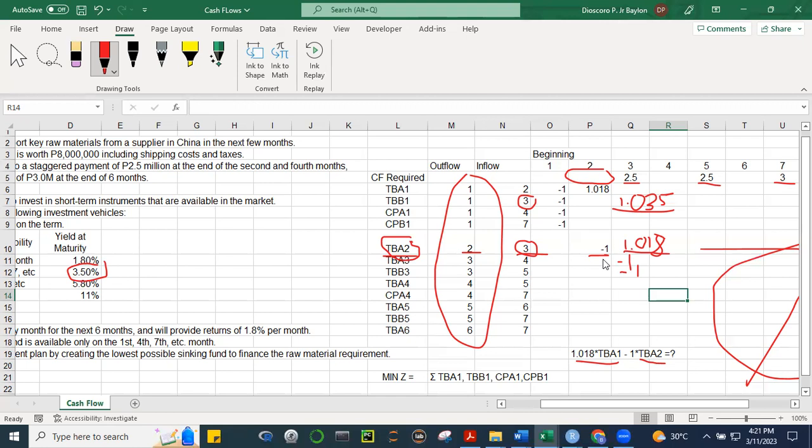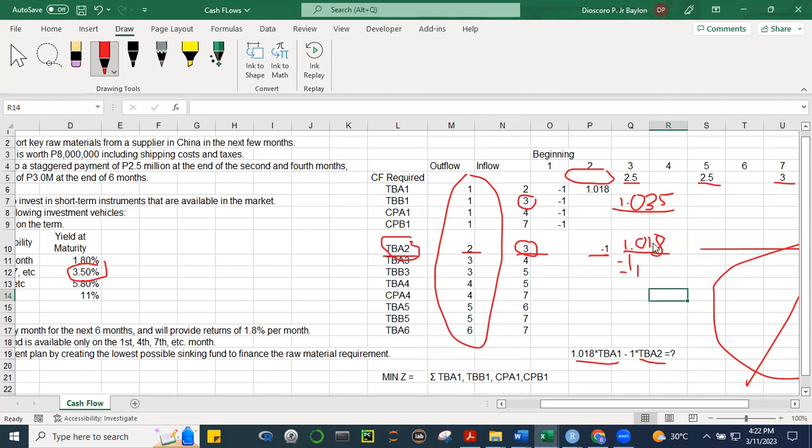No, not necessarily. Here, there is nothing coming in yet. What's important is that we will be able to get some funds on, let's say, month 3. The money will be coming from a TBB investment and a TBA investment.